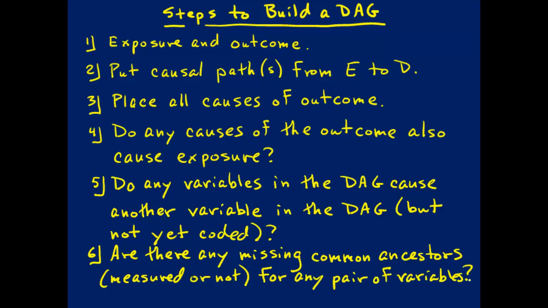Now, if you add any new variables to your DAG through this process, you should also think about the cause and effect relationships of those variables to all of the other variables remaining in your DAG. Once you have your best complete DAG, then you can use the software to find out which variables you can condition to control confounding between exposure and disease.